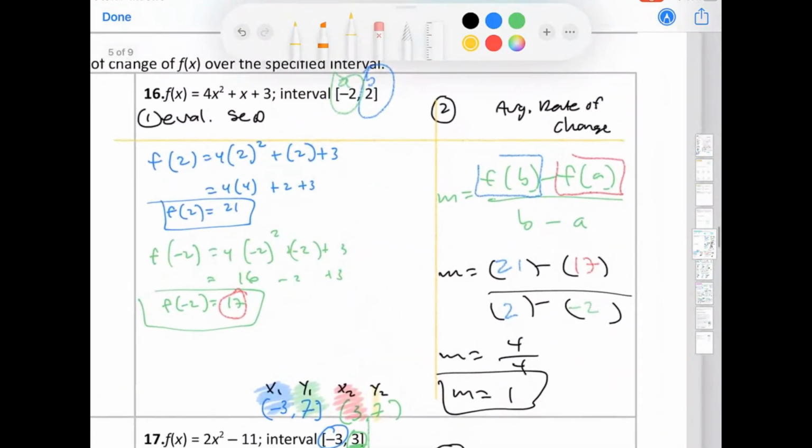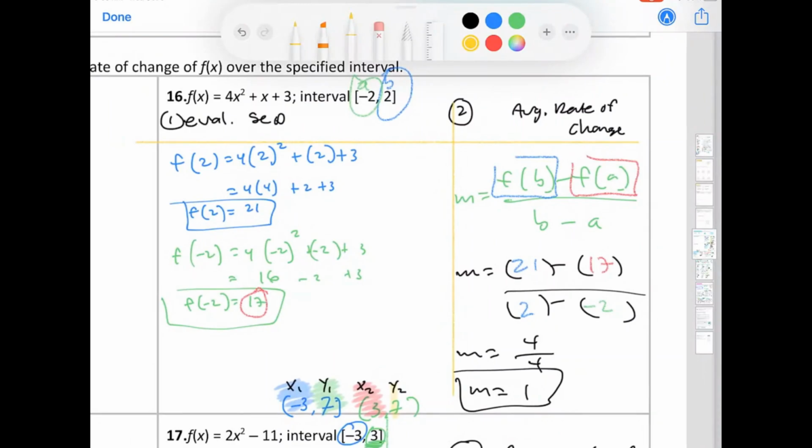Number 16, split them up. I put in -2 for the green, blue 2, you got f of 2 equals 21, so that's my order pair, and then green -2 is 17. I decided to use the other formula just to show you guys. It's pretty much the same thing if you're doing the function of f of b, so that would be the blue. So f of b here was 21.